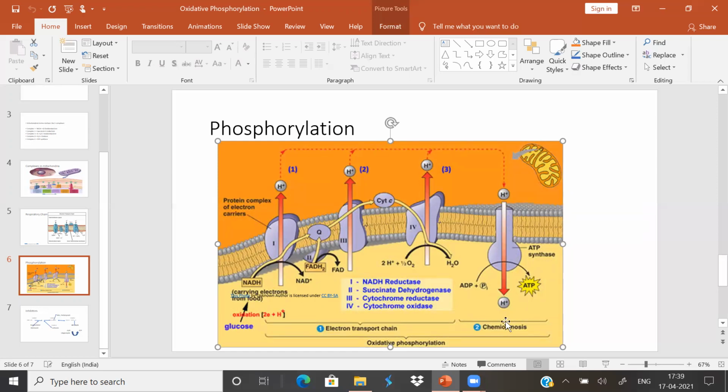And this proton flow helps the ATP synthase enzyme for formation of the ATP.